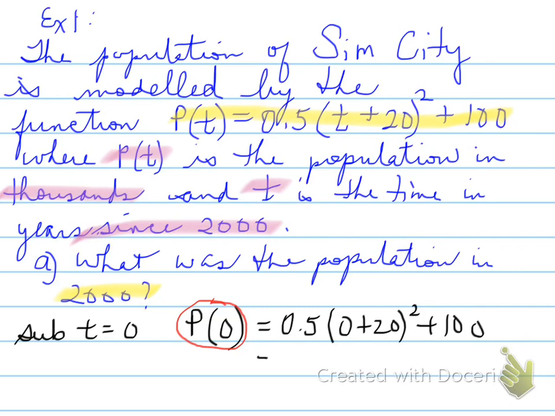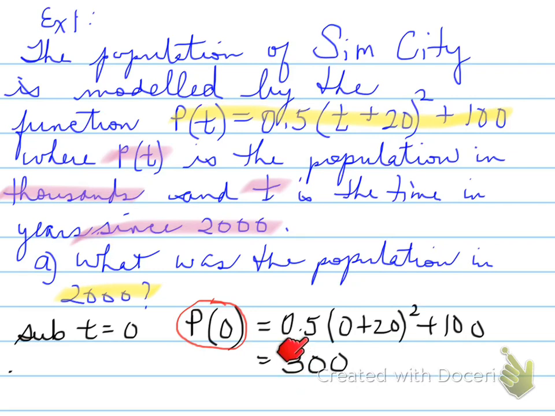What this means is that we're actually saying what the value is when it's 2000. P(0) means what is the population in 2000. So we have to circle that because we never separate that. And what we're doing is calculating the other side. We find out the answer is 300. What does that mean? Well, it's 300 what?